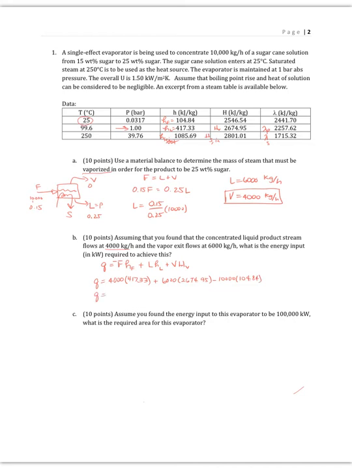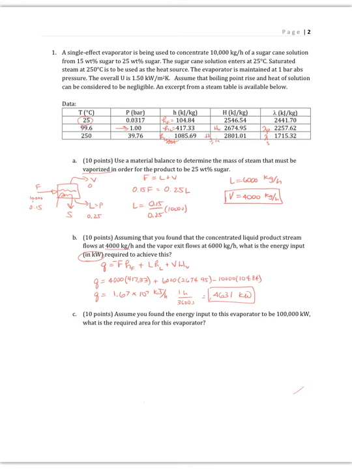We end up with roughly 1.66, we'll call it 1.67 times 10 to the 7th kilojoules per hour. I did ask for it in kilowatts, so 1 hour is 3,600 seconds. The answer, therefore, 4631 kilowatts.